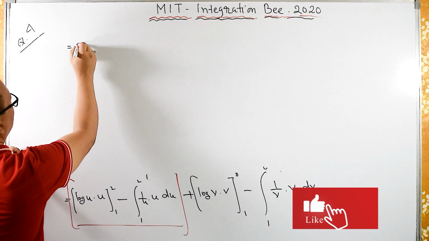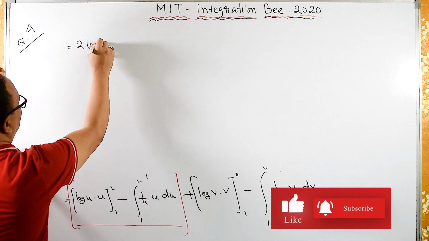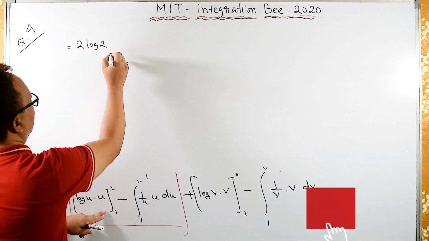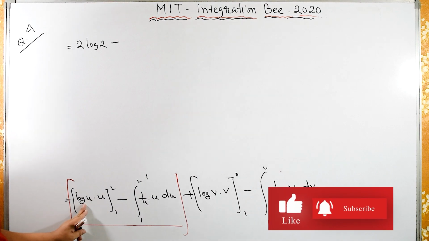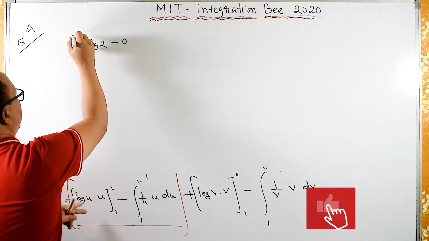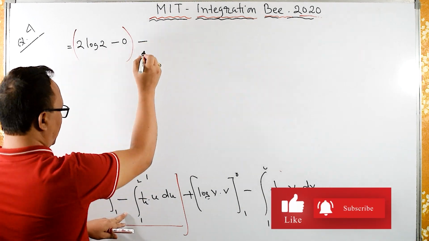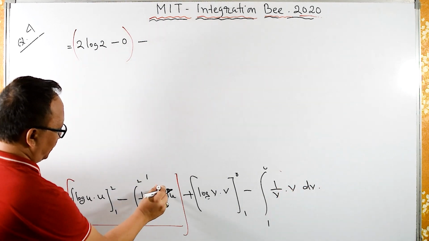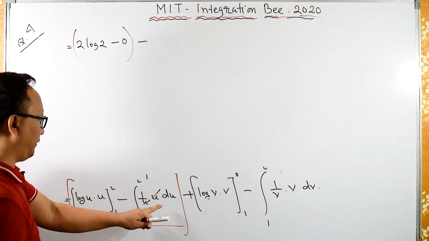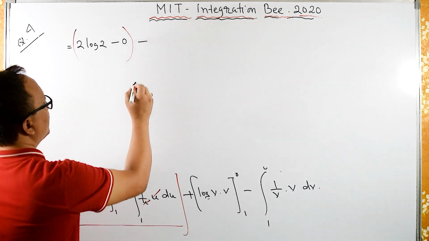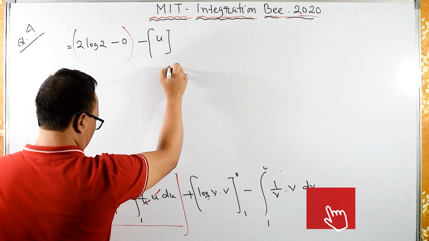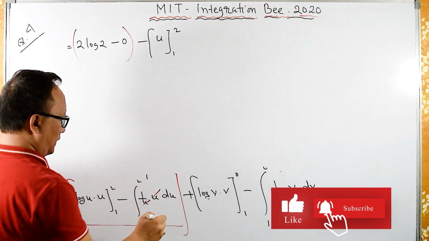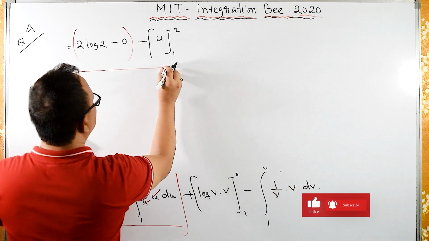This equals upper limit minus lower limit, meaning 2 into log 2 minus 1 into log 1, and log 1 is 0. Then minus, this u and this u get cancelled, and the integration gives u, with limit from 1 to 2. That is for the first term.